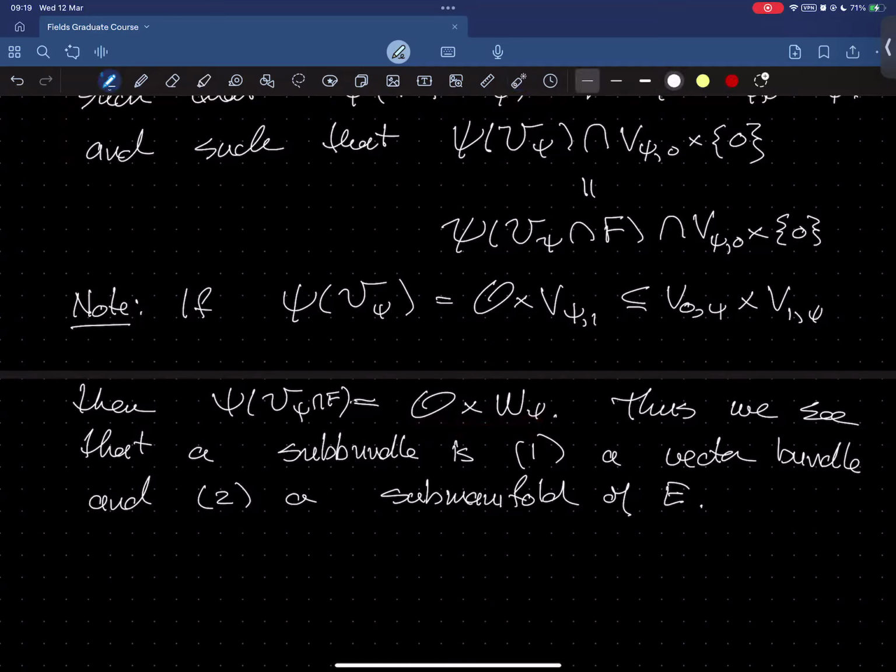And similarly to show that it's a submanifold, well, that's relatively straightforward. All you need to do is use this observation plus the fact that this thing is a sequentially closed subspace of that. Okay, good. So that's what a subbundle is. So a subbundle basically makes the fibers smaller.